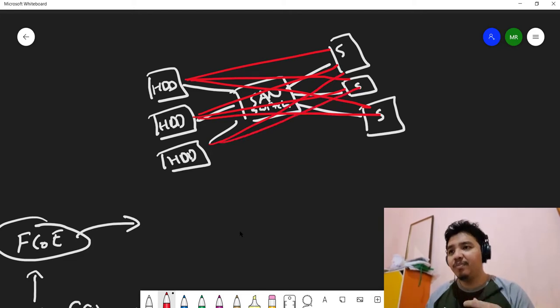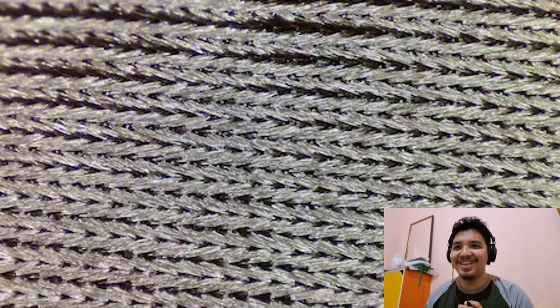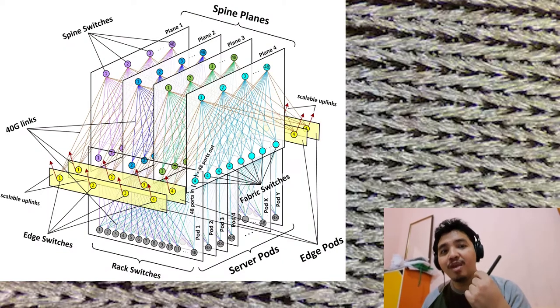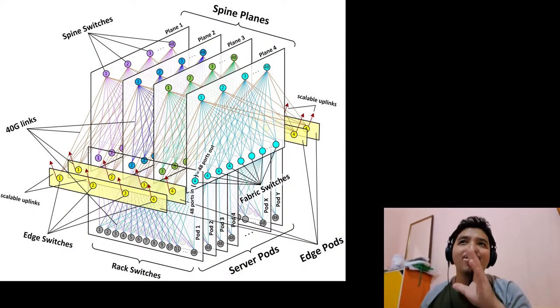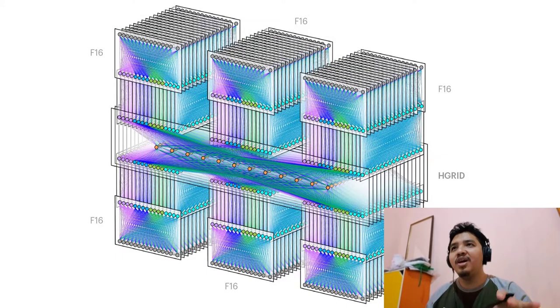You will notice this red line takes the form of a cotton fabric. Yeah, I made it this way. This is what we call fabric, like cloth fiber. This is the overlay concept that engineers describe as a flat infrastructure.